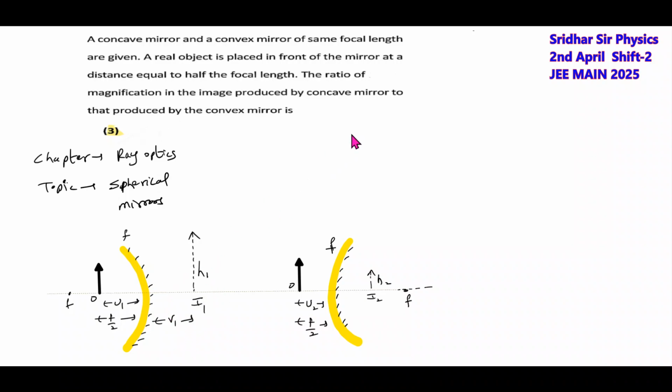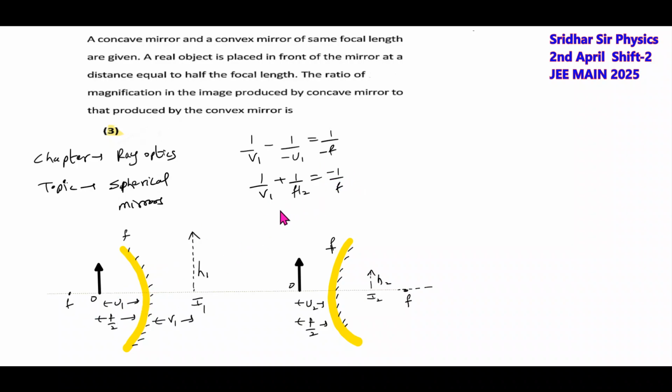So first we'll calculate the image distance. We'll use the mirror formula: 1 by v1 plus 1 by u1 equals minus 1 by f, for the concave mirror. This will be 1 by v1 plus 1 by f by 2, equals minus 1 by f. Why negative sign? The focal length will be negative.